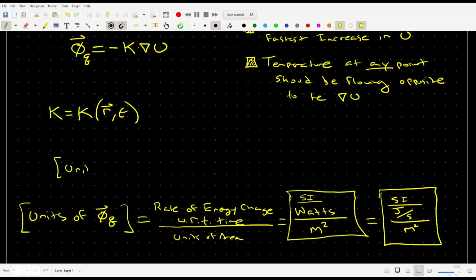So the units of the thermal conductivity function, this equation has to give you the units of the heat flux, phi q, and phi q is a rate of energy change with respect to time per unit area.